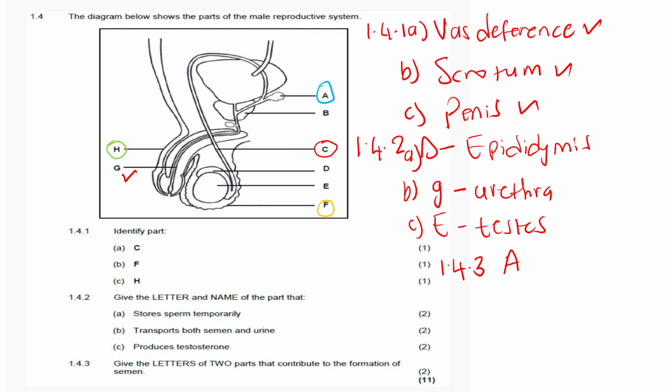And then we also have B, which also contributes to the formation of the semen. Lastly, we also have E, which also contributes to the formation of the semen. Very good.